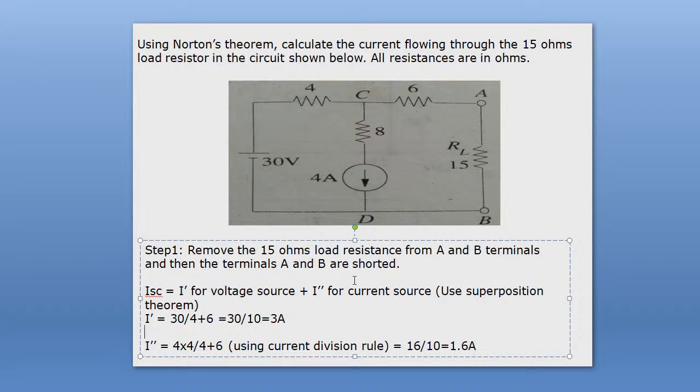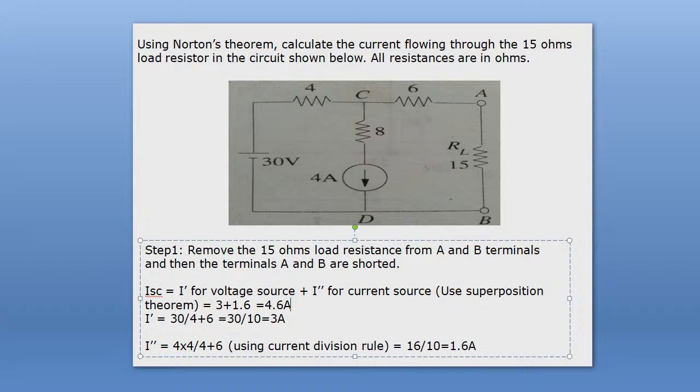So therefore the short circuit current equal to, we can write 3 ampere plus 1.6 ampere, 3 ampere plus 1.6 ampere equal to 4.6 ampere. Okay, so short circuit current, therefore the current is, calculate the current flowing through 15 ohm resistance.